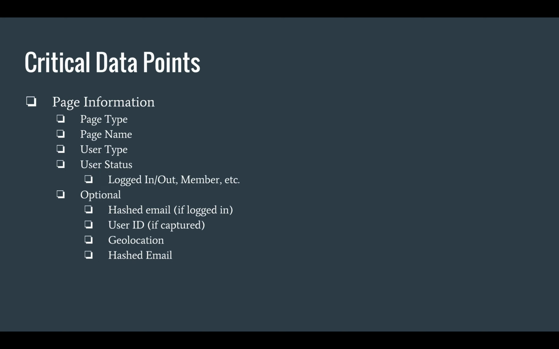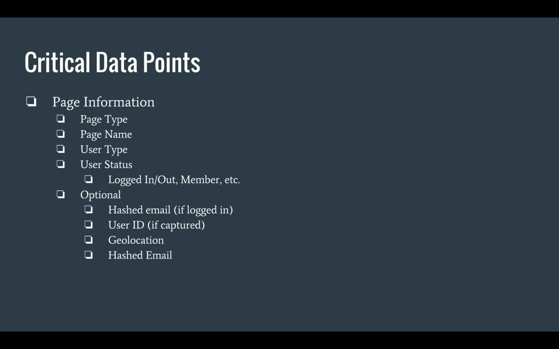I always recommend that you hash it when placing it in the data layer, just for security purposes. More than anything else, you never want user information sitting there in clear text. So hashed email is very helpful, especially if you're doing email marketing and using a third-party platform to help manage and optimize that.